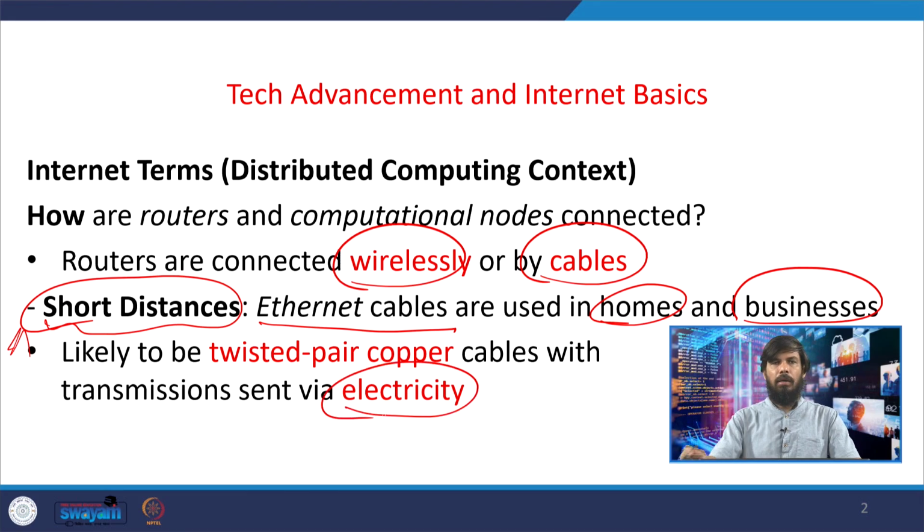We have earlier spoken in our introductory modules about what data is about, the zeros and ones, and how the state of electrons can manage that. So, essentially electricity is passed through these twisted pair copper cables to manage the transmission of data in the form of zeros and ones. So, over short distances, Ethernet cables can be used in a home, business or organizational setup.